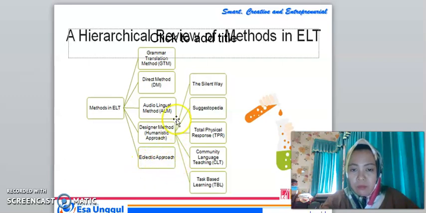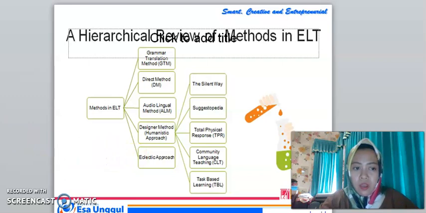Eclectic approach. And there are others, such as the silent way, suggestopedia, TPR, CLT, and TBL, task-based learning.